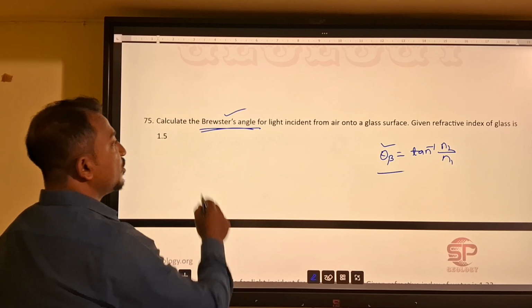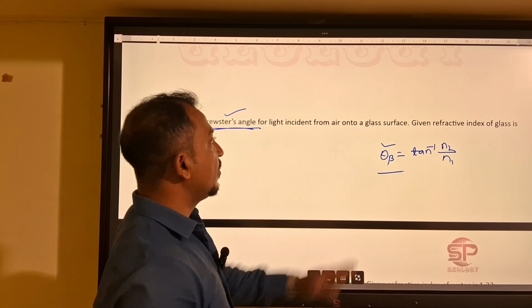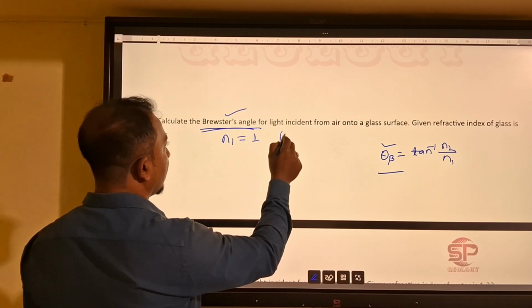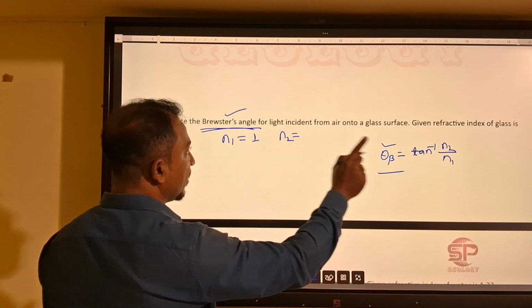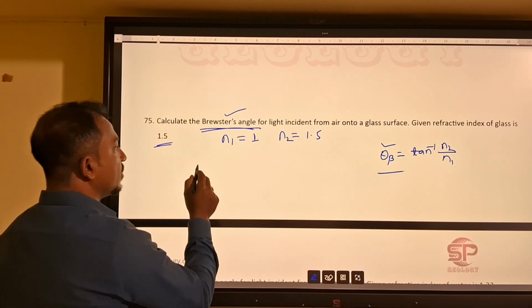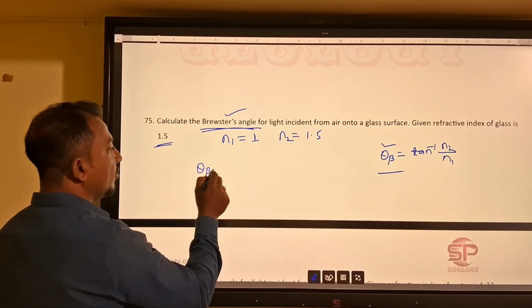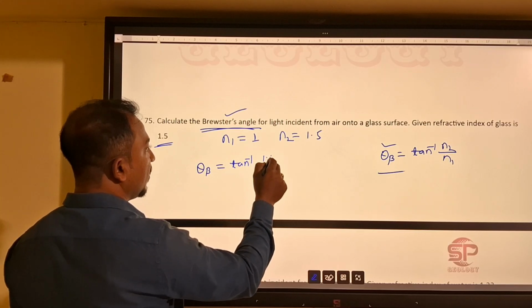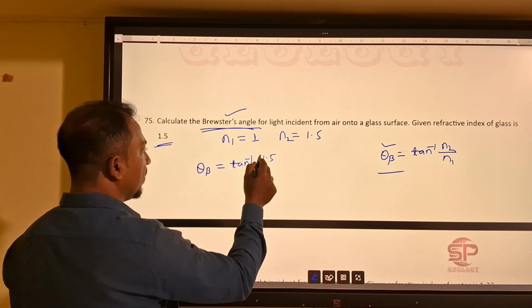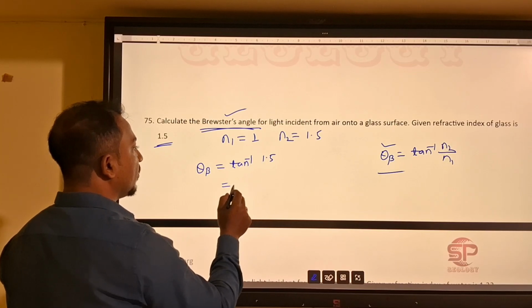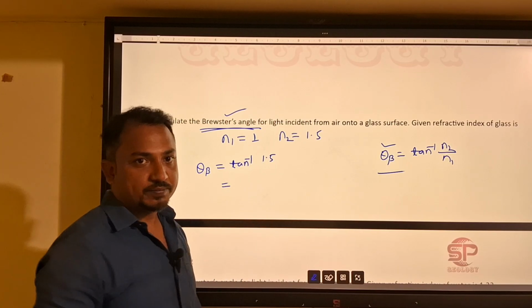So we have to calculate the Brewster's angle of light incident from air to glass. Air to glass means n1 is air, n2 is the glass surface, which has a refractive index of 1.5. So theta b, the Brewster's angle, will be tan inverse of 1.5 by 1, which is tan inverse 1.5.